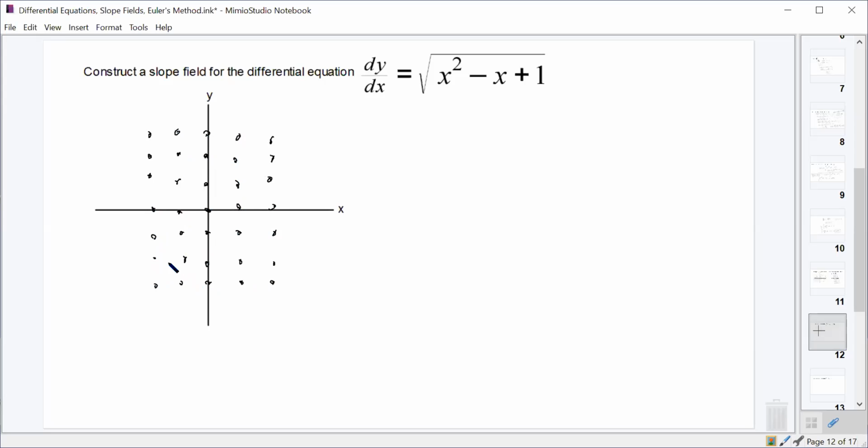That should be good enough. So when x is 0, what do we get? 1. Yep. So we're at 1. What about when x is 1?